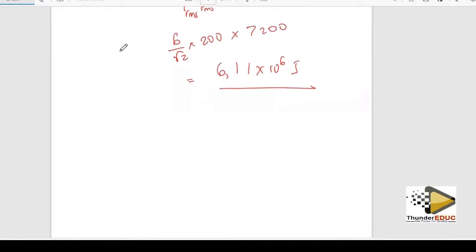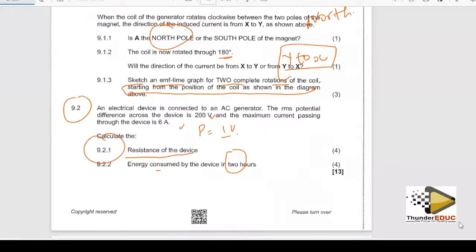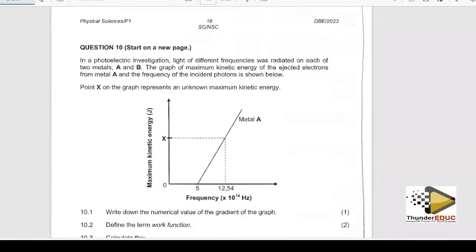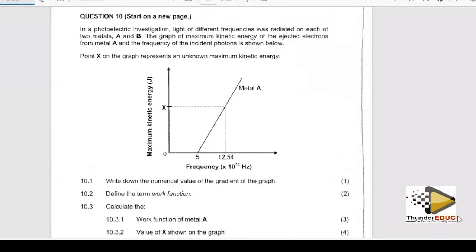So guys, that is question number 9. Let's move on to question number 10, which is photoelectric effect.